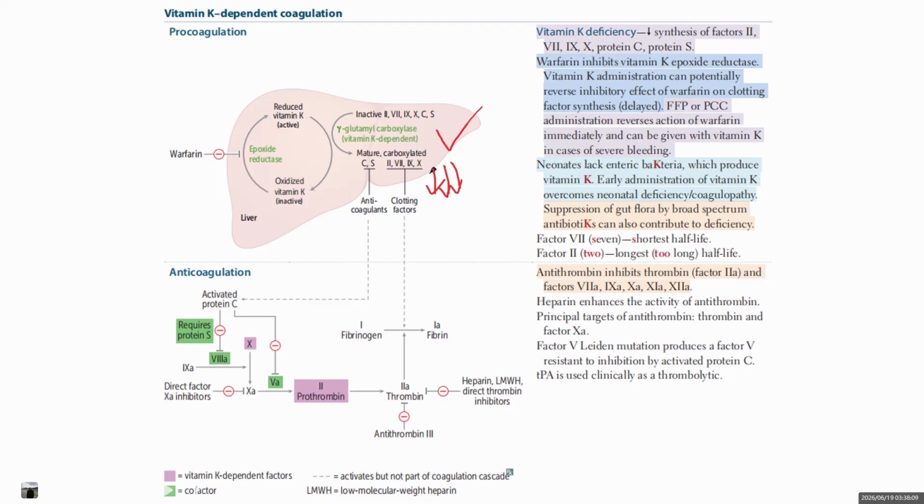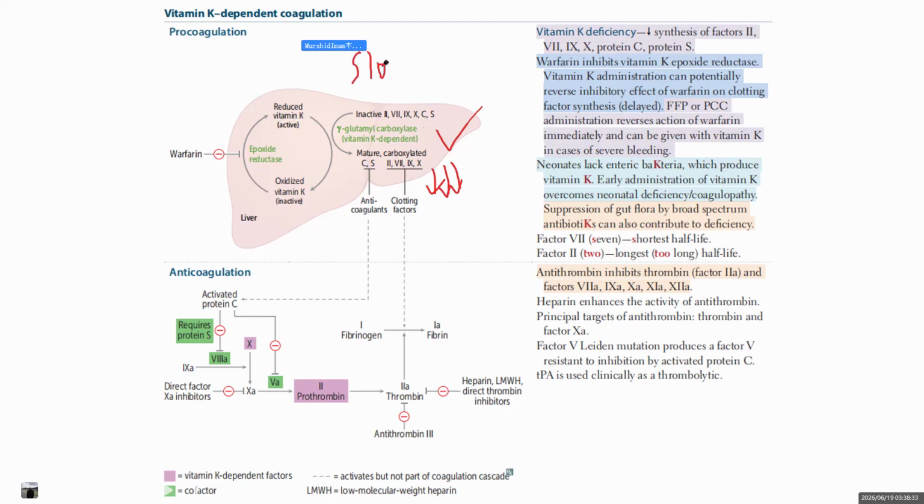So what if we now start giving vitamin K? We allow the liver to produce new functional clotting factors, and this process will usually take several hours to a full day. Why is that? Because of the half-life, right? So the vitamin K will work, but the vitamin K activity will be slower, right?